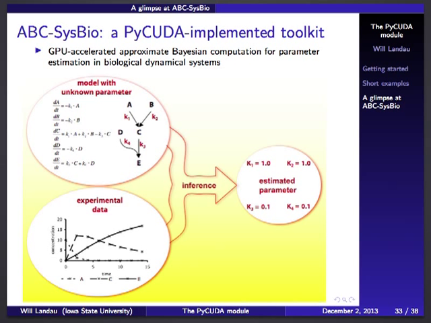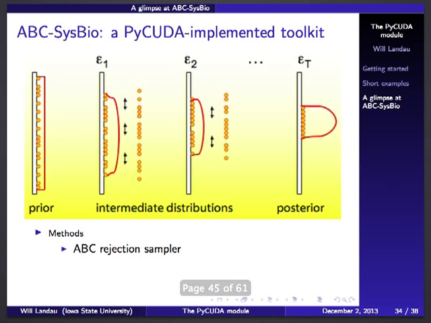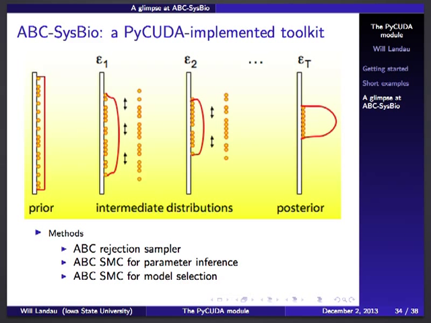In this figure, you're considering kinetics of biological reactions, maybe enzyme kinetics, and you want to estimate these rate constants up here in the upper left. You might look at models that predict concentrations over time, and this package does that. It has a rejection sampler and sequential Monte Carlo for parameter inference and for model selection as well.